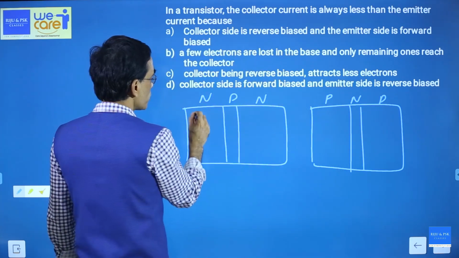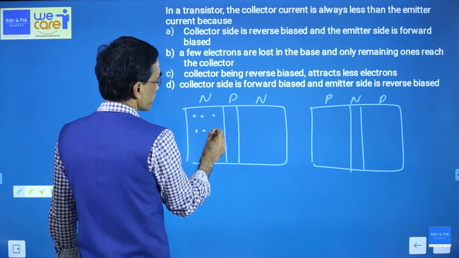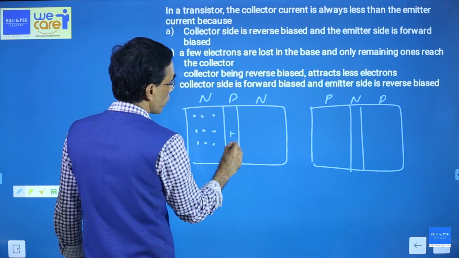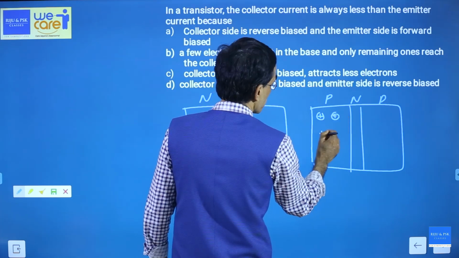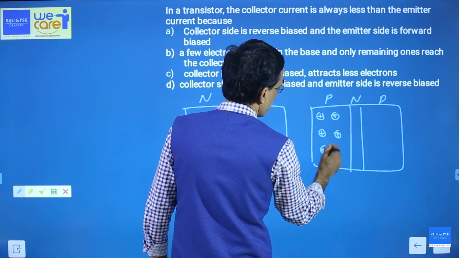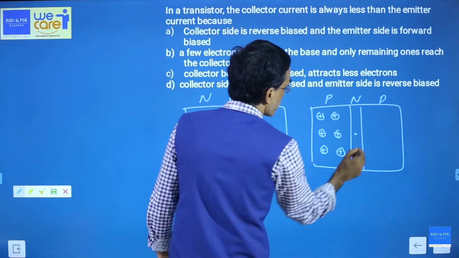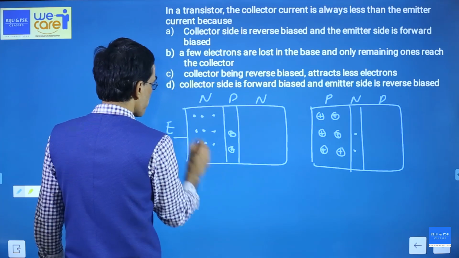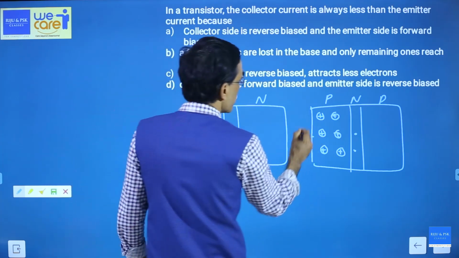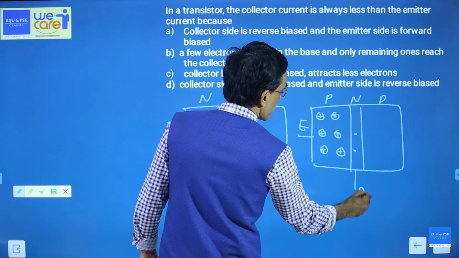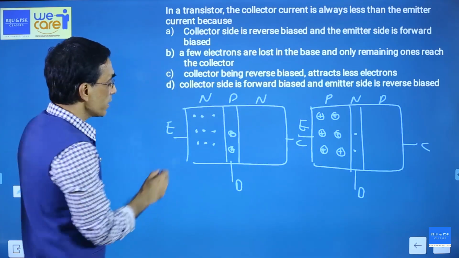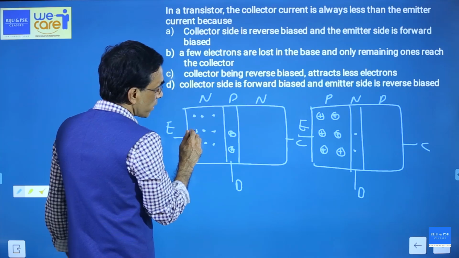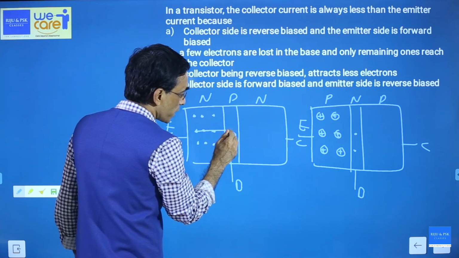In the NPN transistor, you have a large number of electrons in the emitter, and there are few holes. Here it is the reverse, a large number of holes in the emitter and few electrons in the base. This is emitter, base, collector.